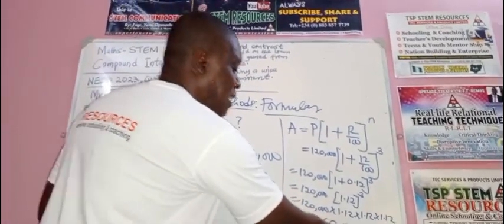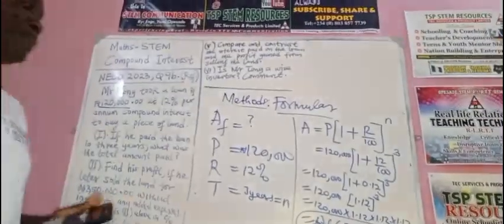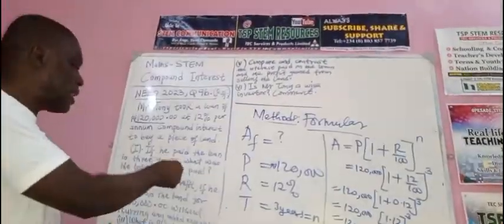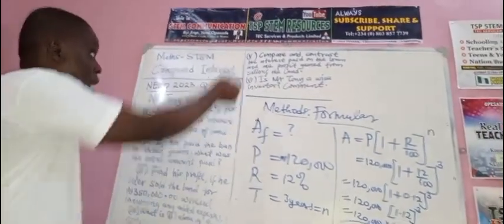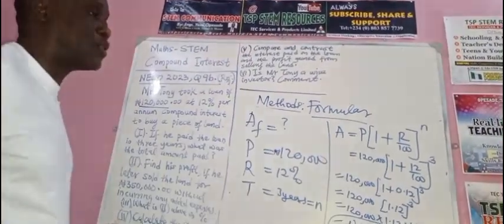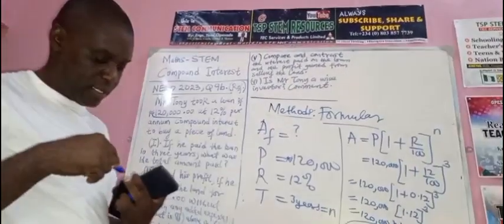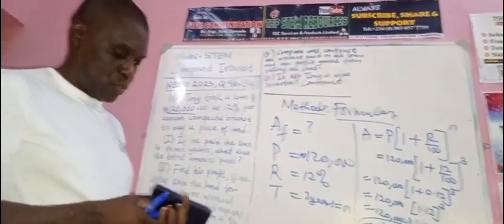Exactly what we got when we used the analytical method. And then once you get that, you can now begin to answer numbers 2, 3, 4, 5, and 6 using this particular method, as I have done in the first method.